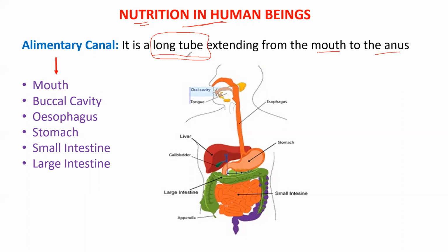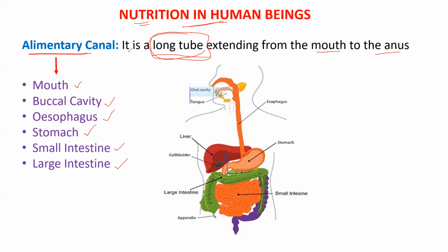This long tube is divided into, or includes, different parts. Those are the mouth, buccal cavity, esophagus, stomach, small intestine, and large intestine. This long tube is called the alimentary canal.